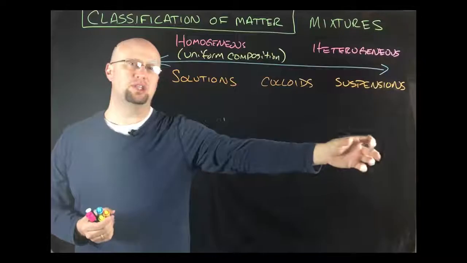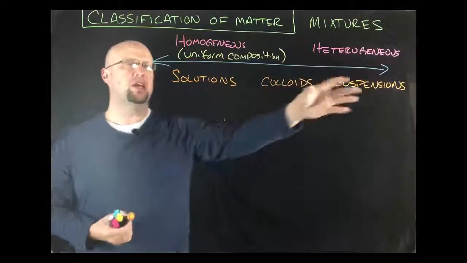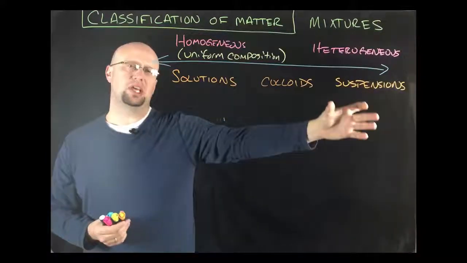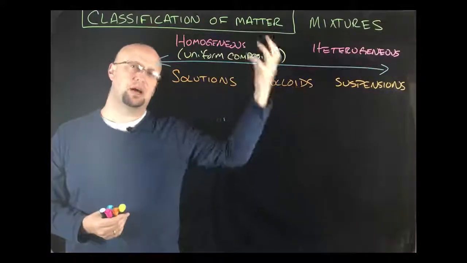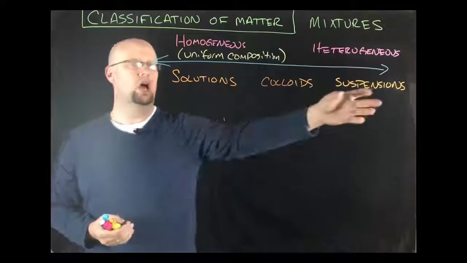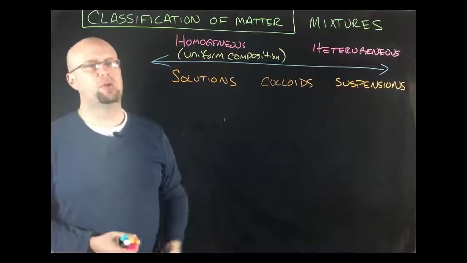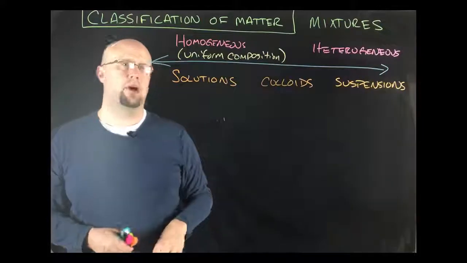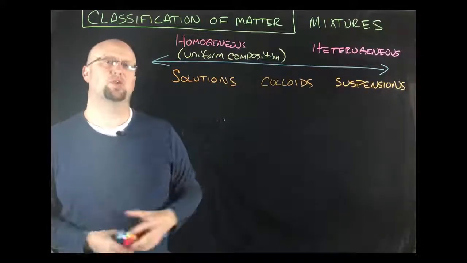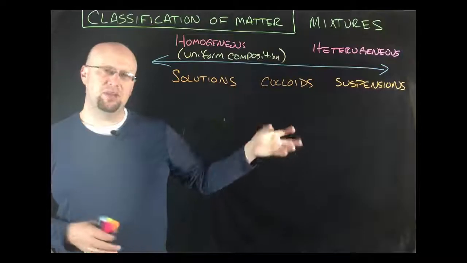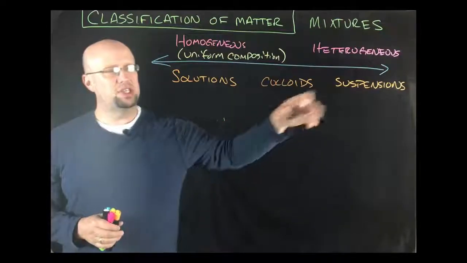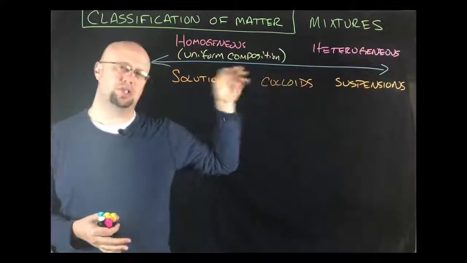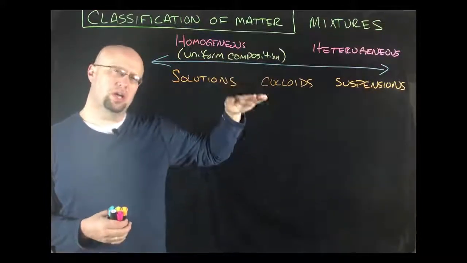Suspensions are heterogeneous, and what that means is that either we can very clearly tell things apart, or in many cases if we let it settle for a little bit of time, stuff would start to fall out of it. A good example of a suspension is if we went out to the good old Tennessee River and you scooped out some nice muddy water, some of that nice orange water, and let it sit for a couple of hours, the particles that are suspended in it, that's why we call it a suspension, are slowly going to settle out of the water.